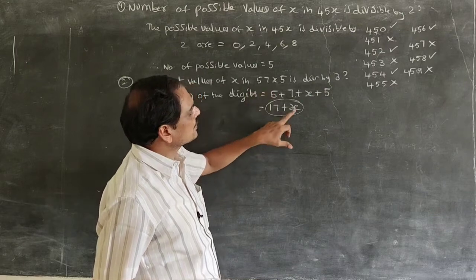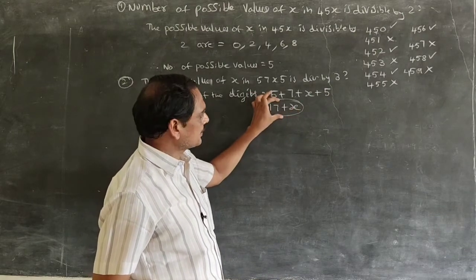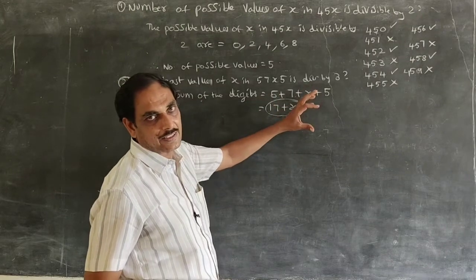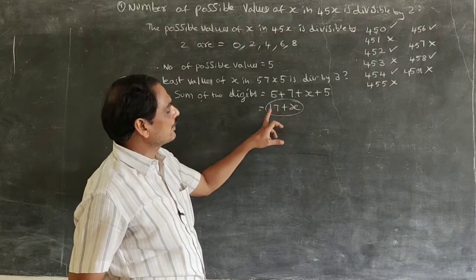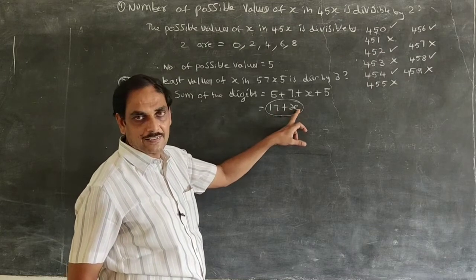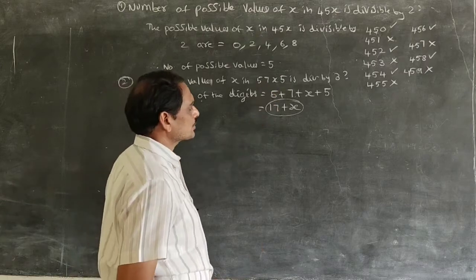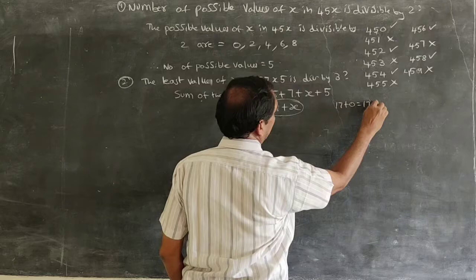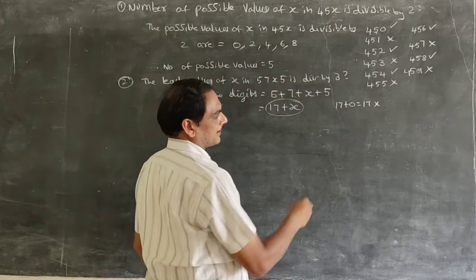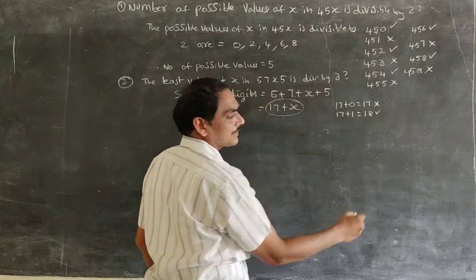So, first we substitute the values of x from 0 to 9, and see which is divisible by 3. First we substitute x equal to 0, then we get 17 plus 0 is 17, which is not divisible by 3. 17 plus 1, 18, divisible by 3.